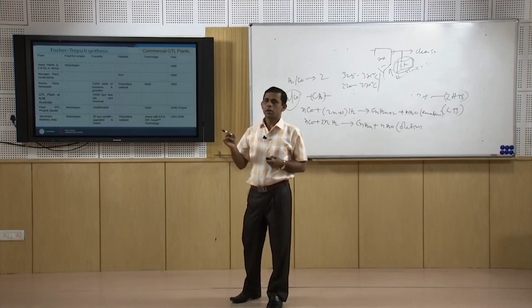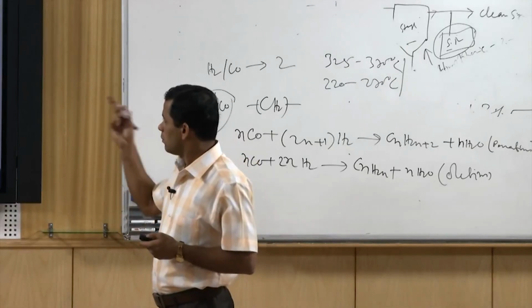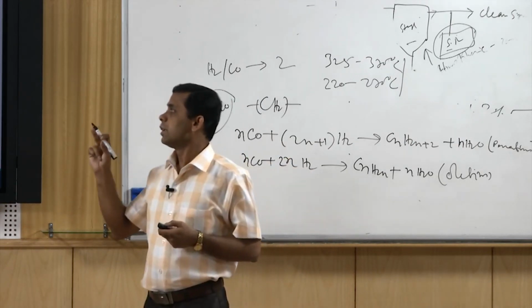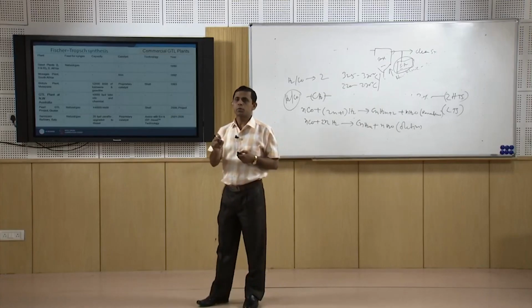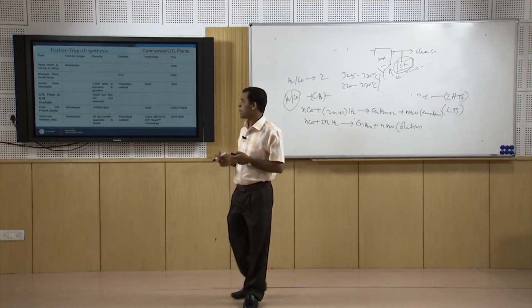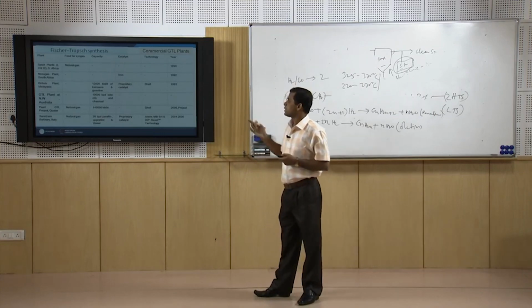But this technology will not be suitable for biomass and waste gasification. The syngas produced from biomass and waste is not much, the plant capacity is small, but here the plant capacity is very large.